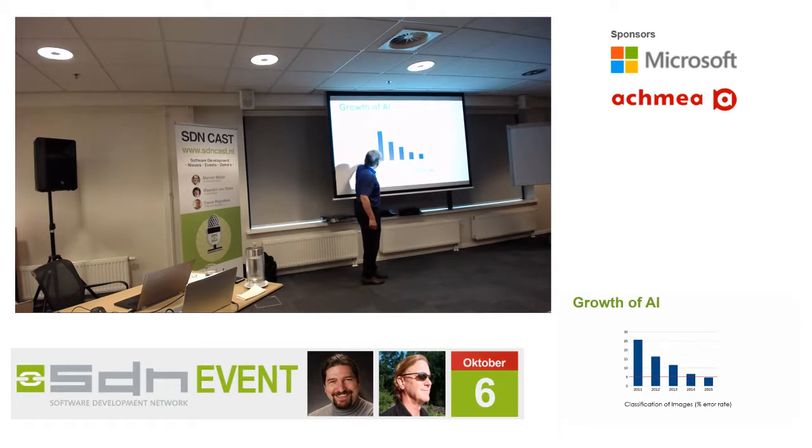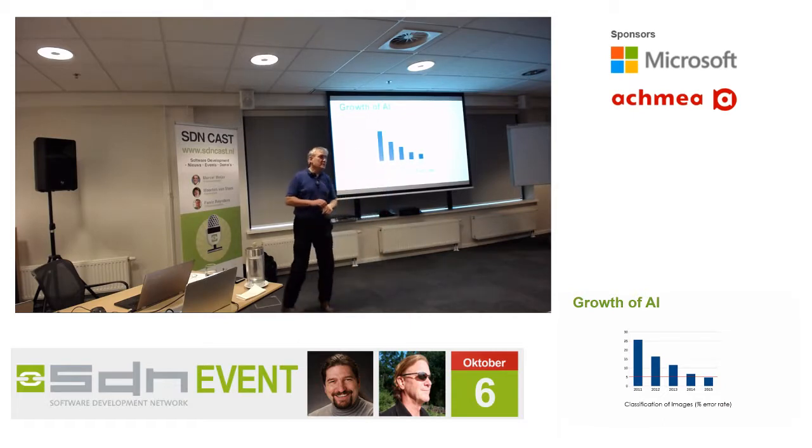The error rate in 2011 was about 25%, so we thought, okay, not that useful, but fun. We've now reached the point, or beyond the point, where the error rate is less than 5%, which is significant because that's the error rate for actual human beings. So we've got to the point where the AI is more efficient than a human being at identifying things.